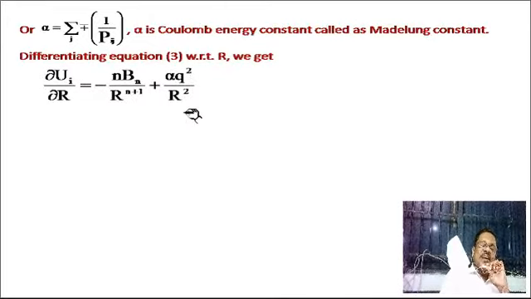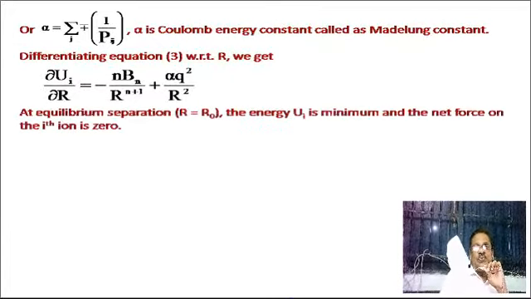Now we know that at equilibrium separation, that is r equal to r0, the energy Ui has minimum value, but the net force on the ith ion is 0. Means at equilibrium separation, the total energy is minimum, but the value of total force is 0. Now why is total force 0?